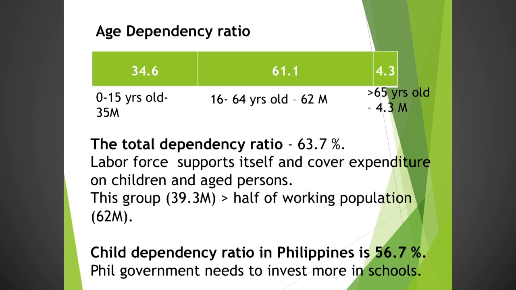And those that are over 65 years old constitute about 4.3 million population. These two groups, the 0 to 15 years old and over 65 years old, are dependent on the productive period, the 16 to 64 years old, which is about 62 million.